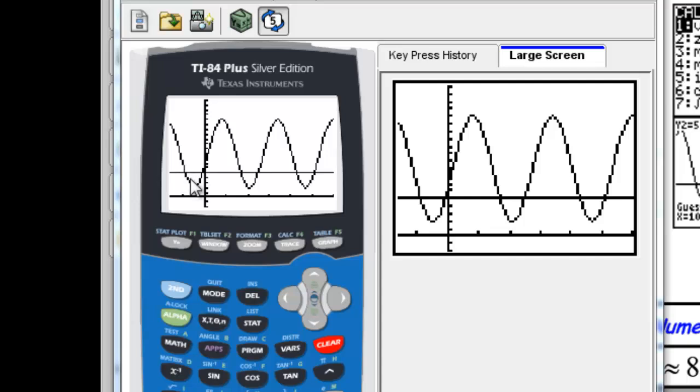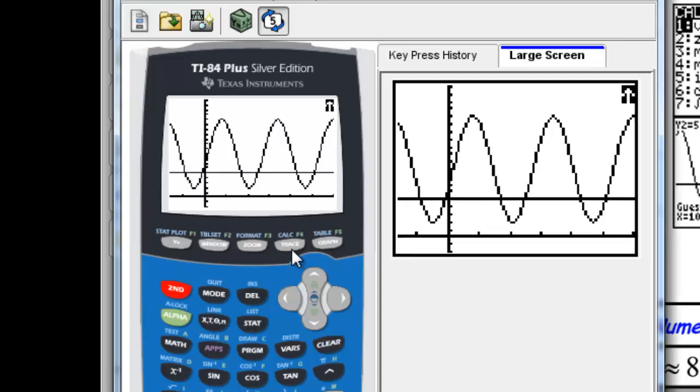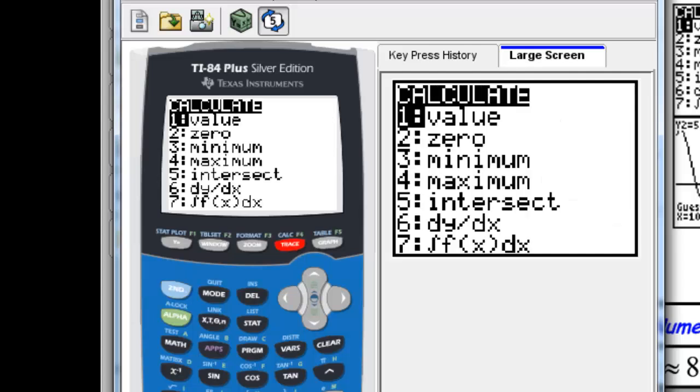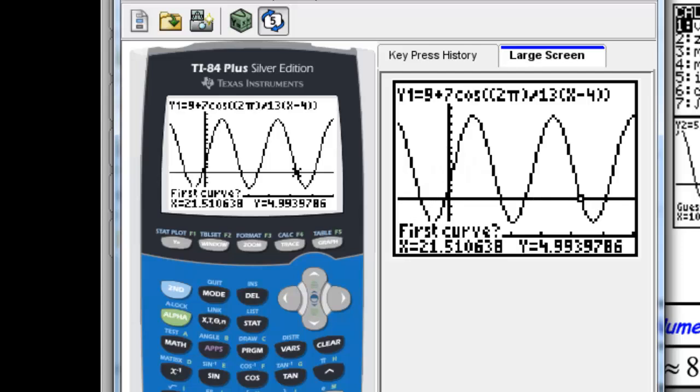So I'm going to find this solution right here. I'll go back into my menu, second trace, ask for option 5, and move the cursor all the way back to that first solution that we see on the screen, to the left of the y-axis.